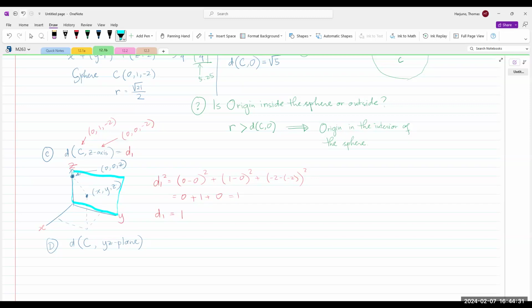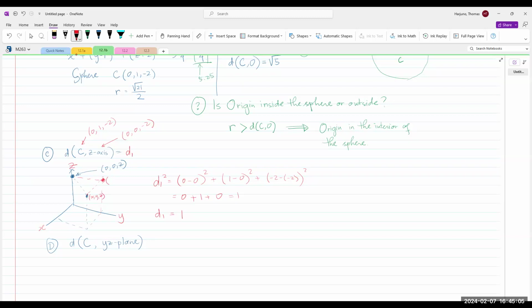Okay? So the distance from any coordinate to the yz plane will be, let's take a look. It will be basically the distance from this point to that yz plane, right? Okay, so what is this coordinate here? If this is x, y, z, can you tell what is the coordinate here on the yz plane?